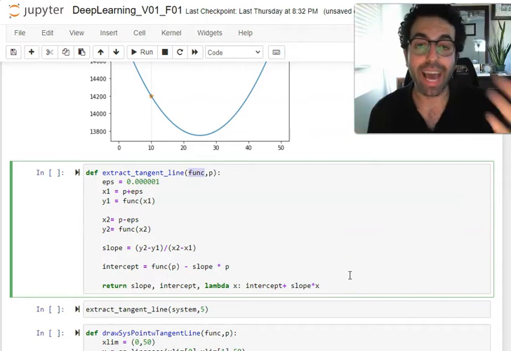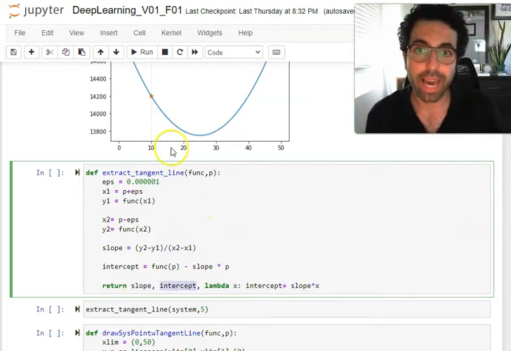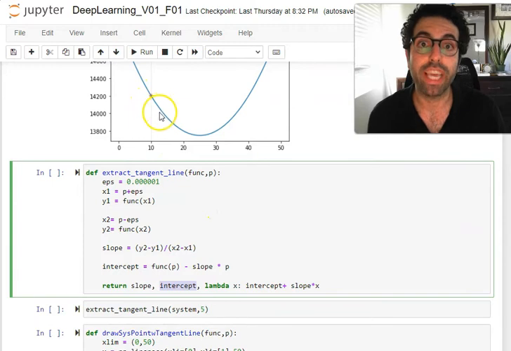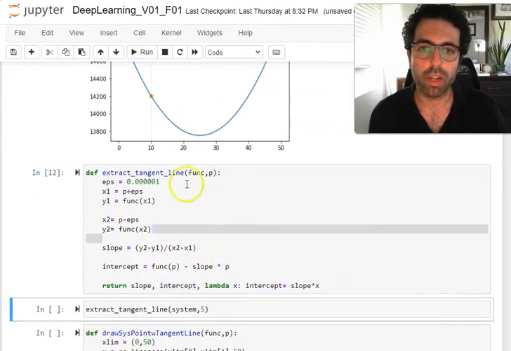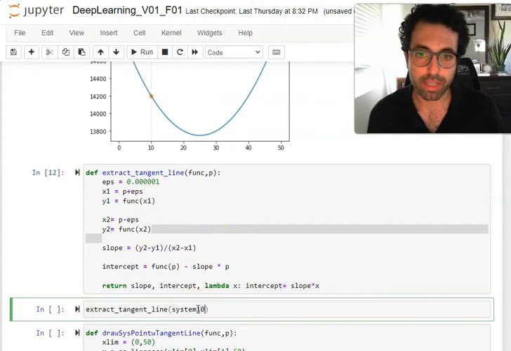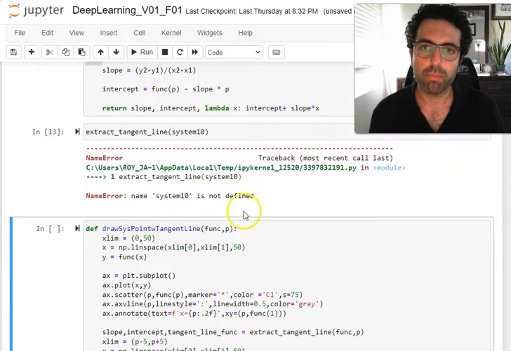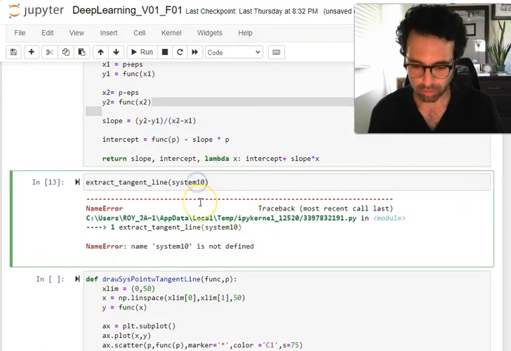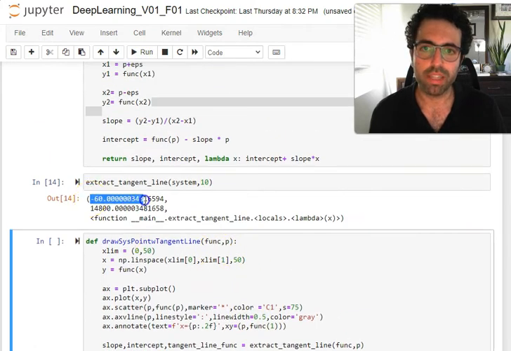And now we can output this line as a lambda function, right? As a function. And we can also output the slope and our intercept of that line that passes from here, right? So this is our tangent line, or the slope line of this local point, right? So once we run this and we, let's say, calculate the slope of our system at that point, at point 10, this is what we get. So I need to change this to this. All right, so we say our slope is negative 60.